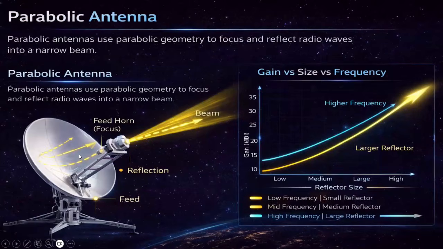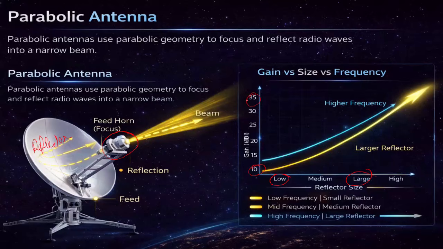Again, parabolic antennas use parabolic geometry to focus and reflect radio waves into a narrow beam. We have seen that this is called the feed horn, to focus the signal, and this is called the reflector. When the reflector size is small, the gain is low. When the reflector size is large, the gain is large.